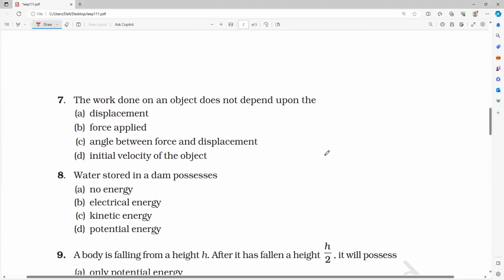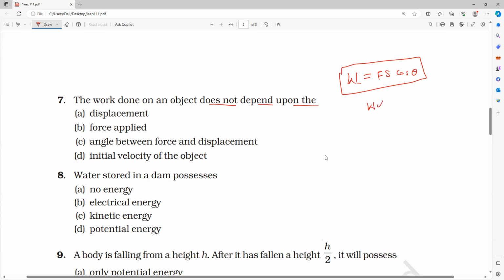The work done on an object does not depend upon which of these? What is the work done formula? Work done is equal to F s cos theta. That is our actual formula of work done. So check it, everybody.